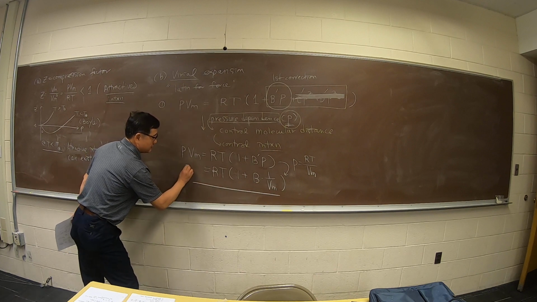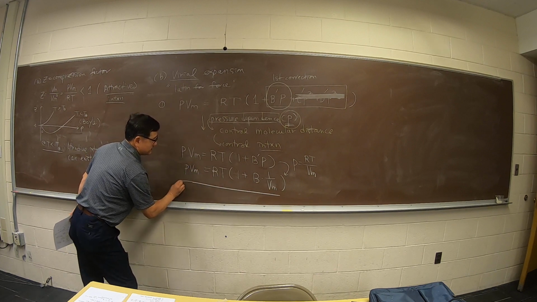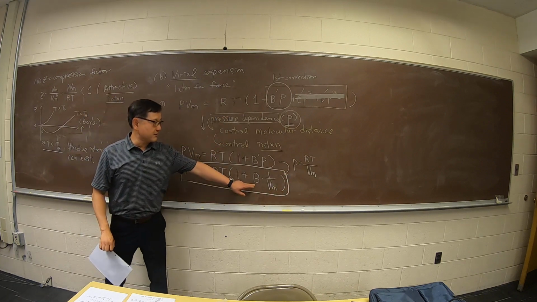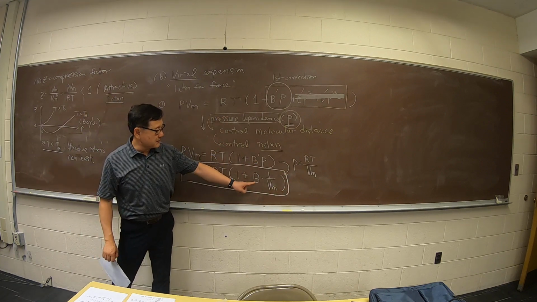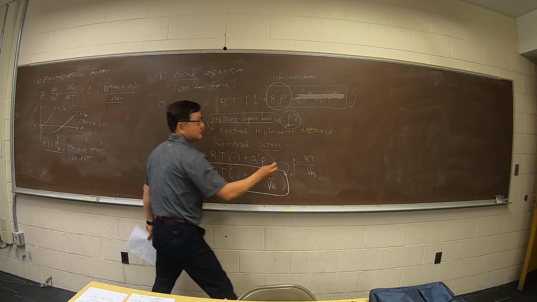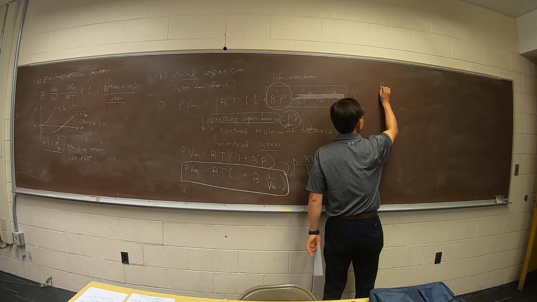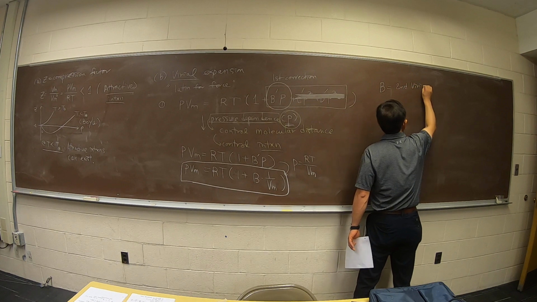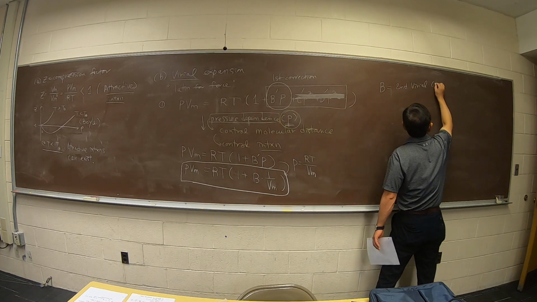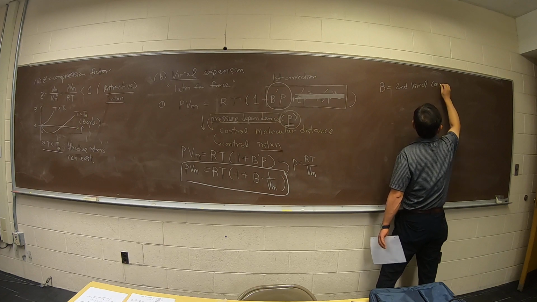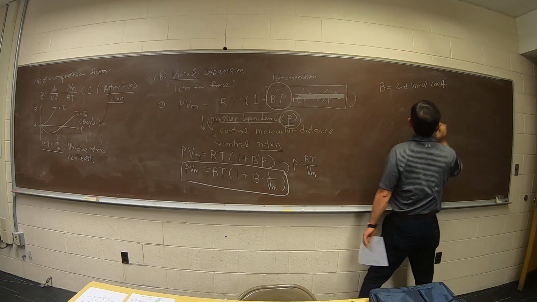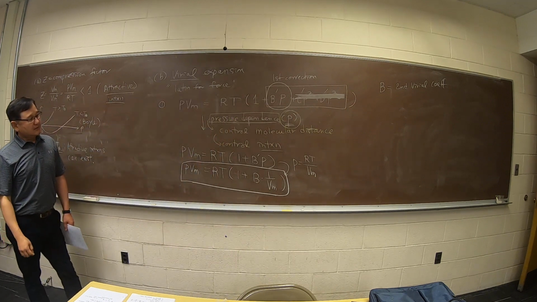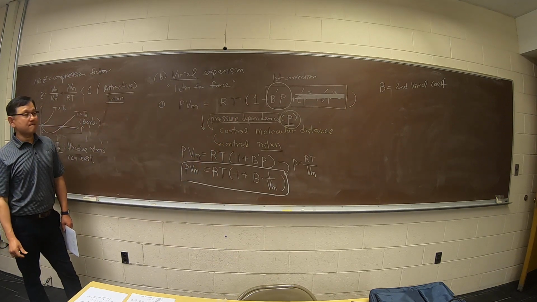So this is a virial expansion, only keeping the second virial constant, and the B prime now just becomes the B. This is the second virial constant.